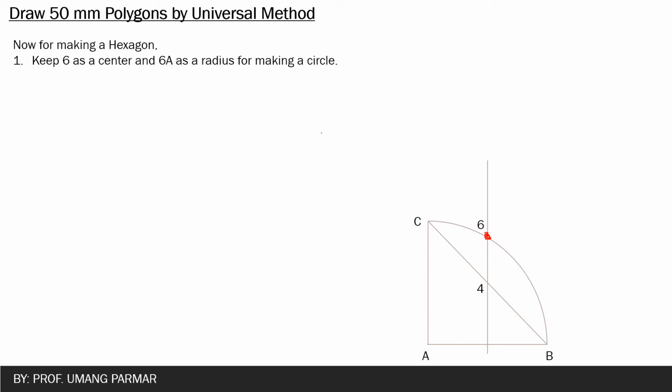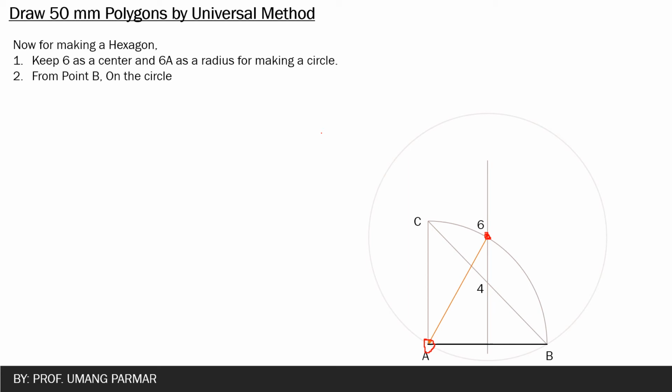This is going to be the same step. Now with 6 as the center, we have 6 to A. From 6 to point number A, we take the radius and make the circle. So this is our circle, which always passes through point number B. In the next step, we draw the dark line A to B, because A to B is one of the sides of your hexagon.